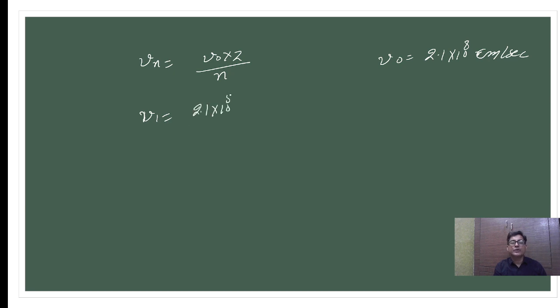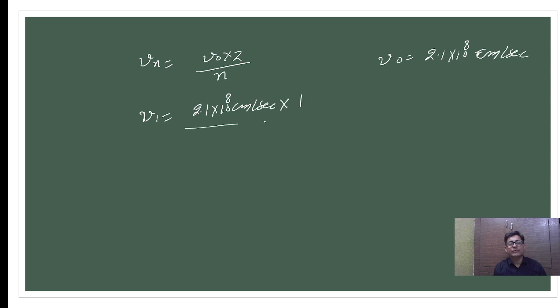Another thing that we can find is the velocity of an electron in different energy levels. It is represented by V naught Z upon n. So we can find the velocity of an electron in the first energy level, V1, where V naught is equal to 2.1 into 10 raised to the power 8 centimeter per second.